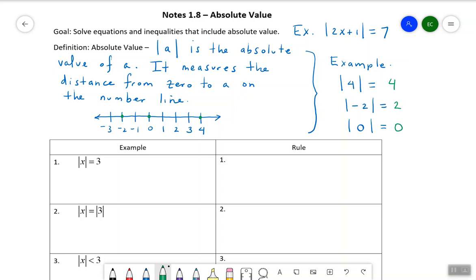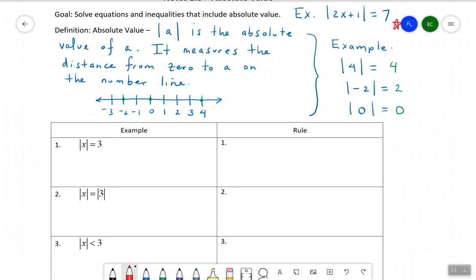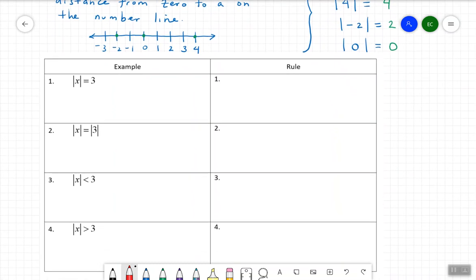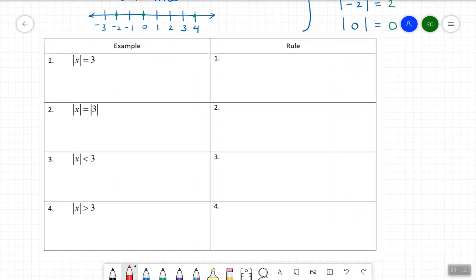So with that brief introduction, let's go on and look at some examples of some basic equations and inequalities. And from these examples, we'll develop some rules that we can apply to more complicated examples, like the one I gave you up here in the corner. So the first example is absolute value of x is equal to 3.